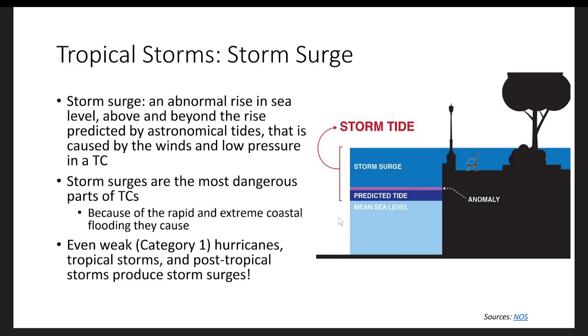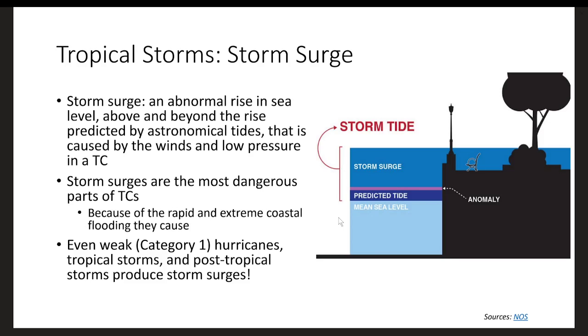But when you have a tropical cyclone that's piling water up into a pile, basically, it can create significant flooding. And this is the most dangerous part of tropical cyclones, because it causes rapid and extreme coastal flooding.